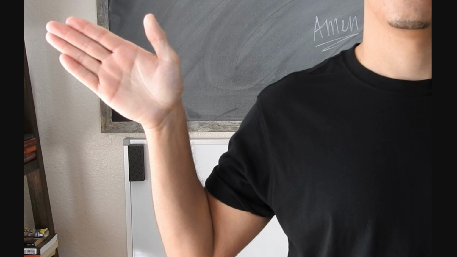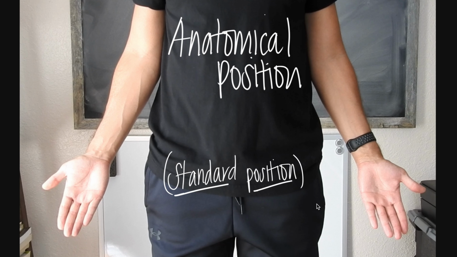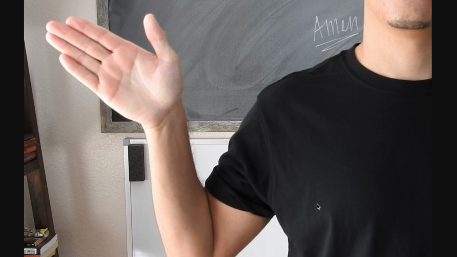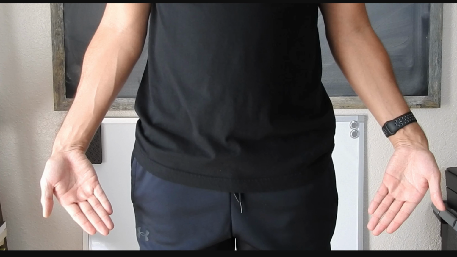Is this adduction or abduction? Well, this is also adduction, but doesn't it seem like it's being abducted away from the midline? Here's my midline. Well, we always have to consider anatomical position. So even though the movement looks like this, it is still considered this. We always have to return back to anatomical position. So make sure you understand that.